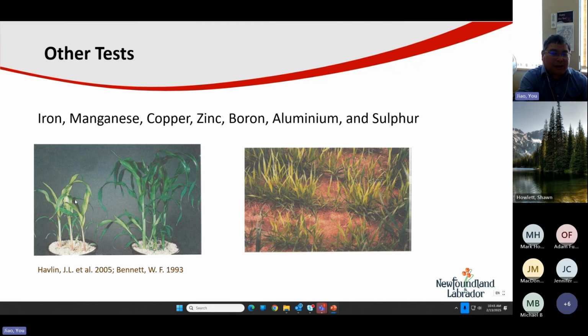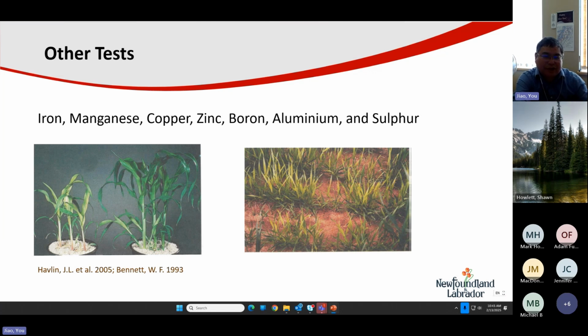This picture shows sulfur deficiency in corn. It shows on the top younger leaves, which is different from nitrogen. Remember, nitrogen shows in the lower and old leaves, but sulfur deficiency shows on the top young leaves because the plant cannot move sulfur from the old leaves to the young leaves to meet the requirement.